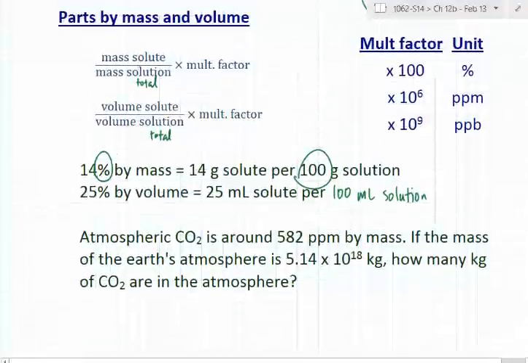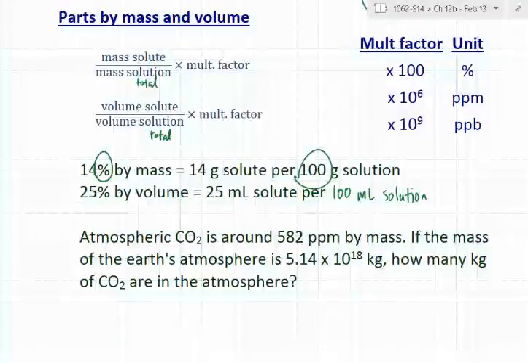So, atmospheric CO2 is listed in parts per million, but sometimes it's parts per million mass, and sometimes it's parts per million volume. You have to be careful because those values are a little bit different. So, right now, the latest value I found, atmospheric CO2 is around 582 parts per million by mass.